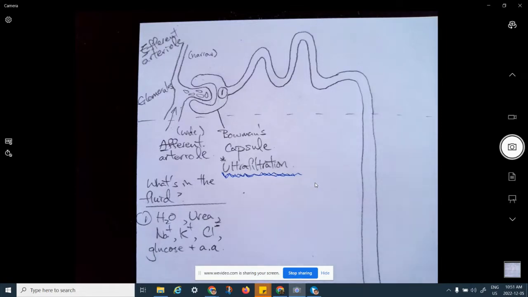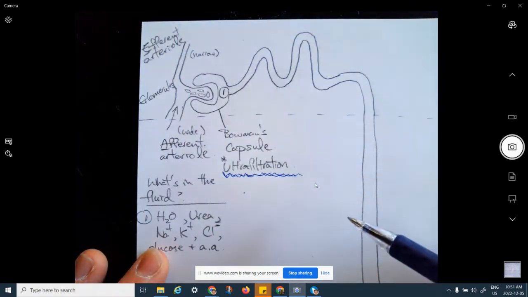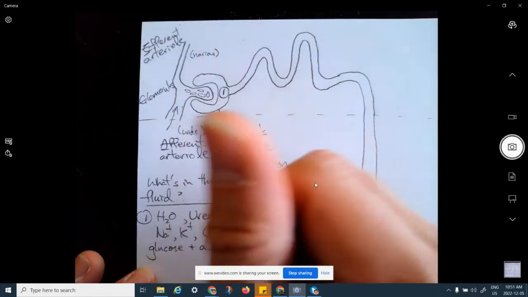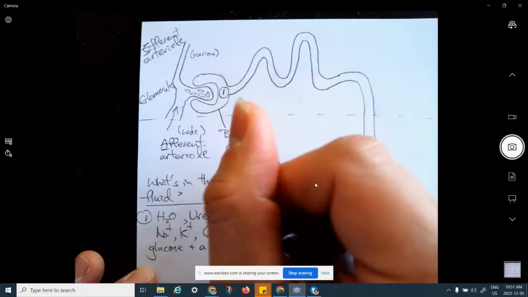So please copy that down. I'm also going to try to find the word fenestration. I just want to make sure that I spell it correctly. I don't have enough room here, so I'm just going to write it here.